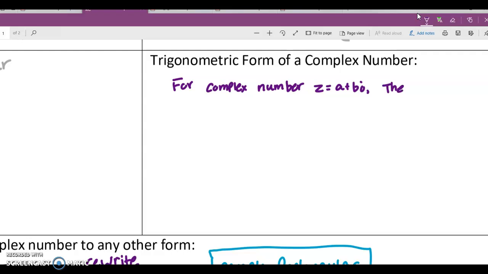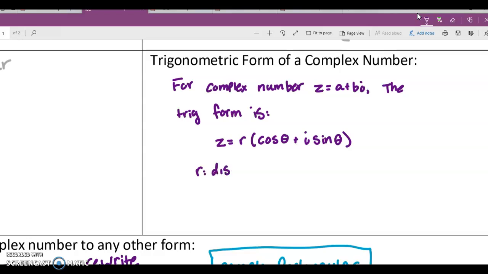The trig form is z equals r times cosine theta plus i sine theta, where r is the distance from the origin.